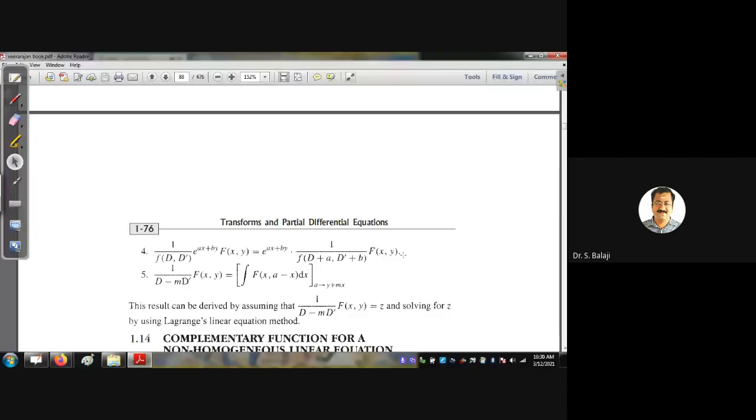Next, type 4. RHS equal to exponential product, exponential into cosine or sine, or x power m y power n, algebraic polynomial, any of the type here.